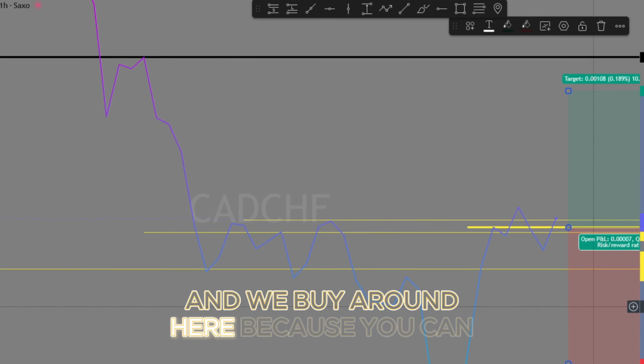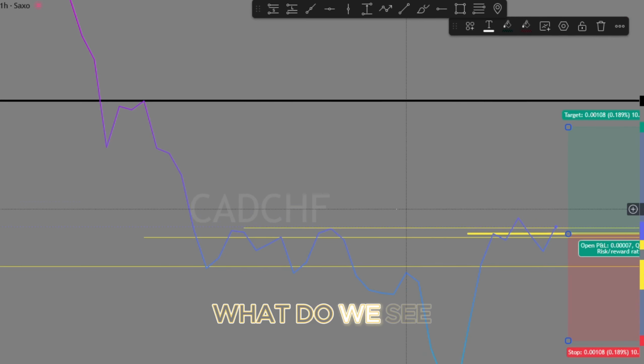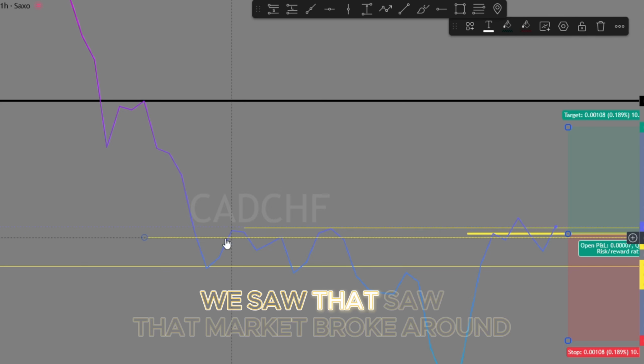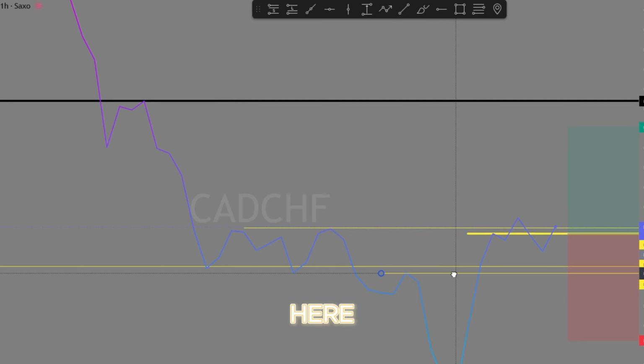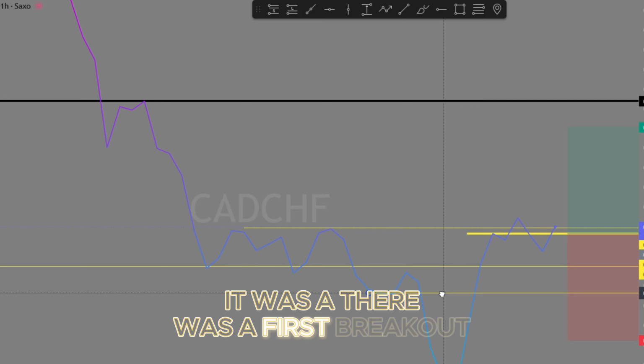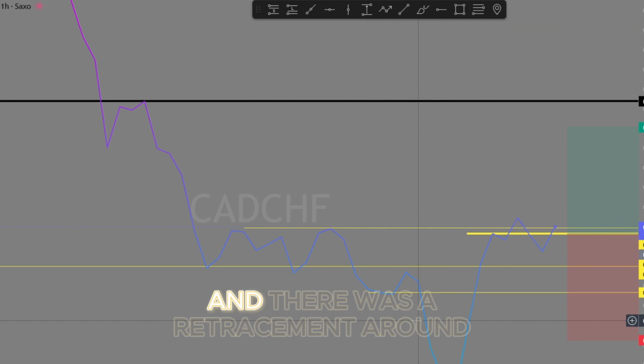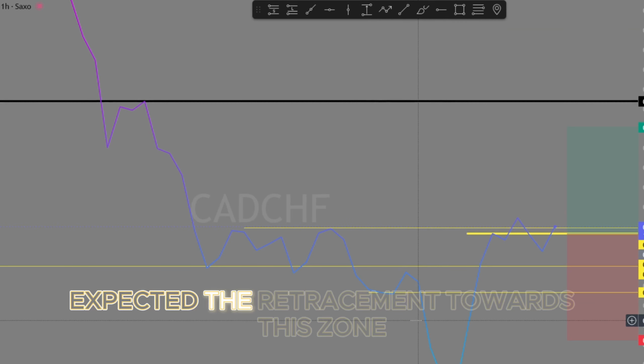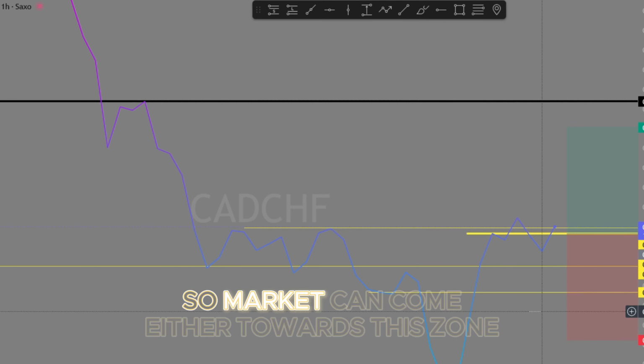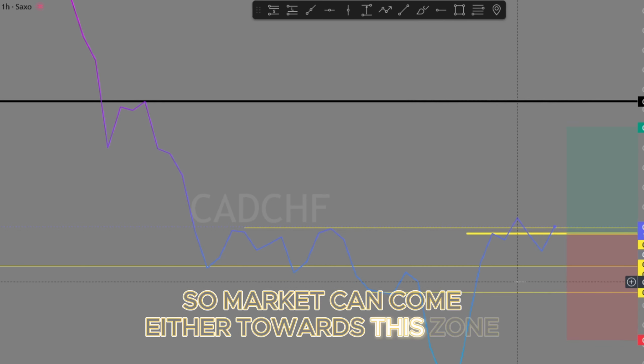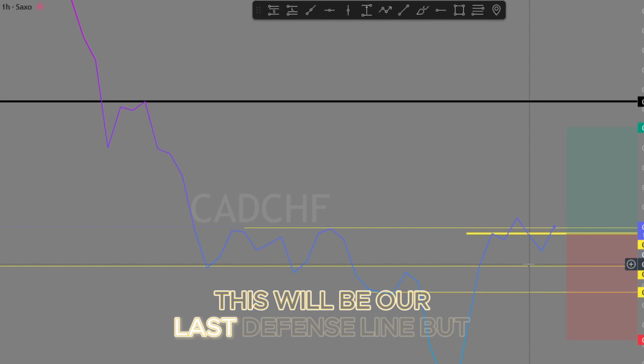and we buy around here, because you can see that on H1, what do we see? We saw that the market broke around here. There was a first breakout, and there was a retracement. We expected the retracement towards this zone. So the market can come towards this zone here. This will be our last defense line.